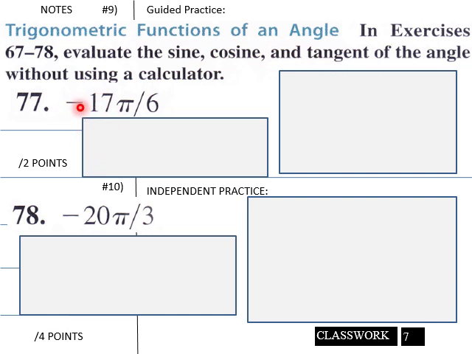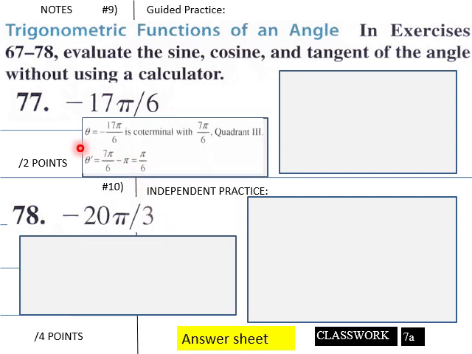So up here we got negative 17 pi over 6, and then down here we have negative 20 pi over 3. So theta equals 17 pi over 6, which is coterminal with 7 pi over 6, quadrant 3. It's a quadrant 3 angle. So 7 pi over 6, I mean, it would be 2 pi, and then you still have 5 over 6 pi.